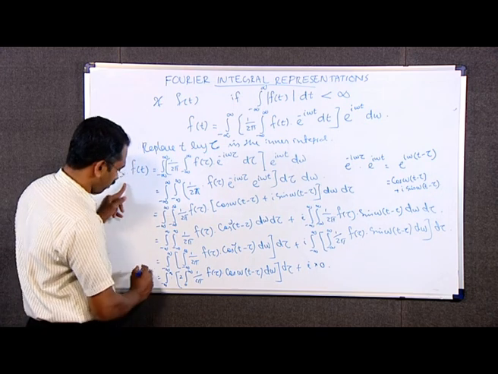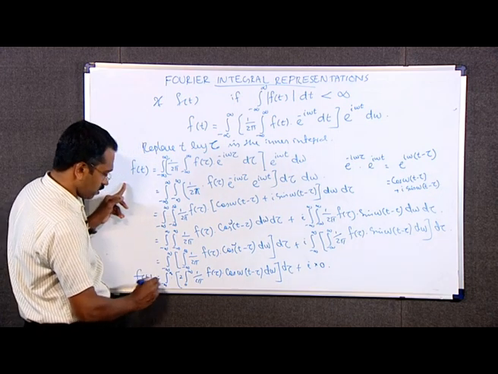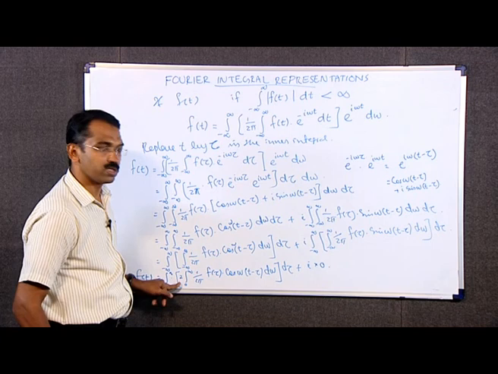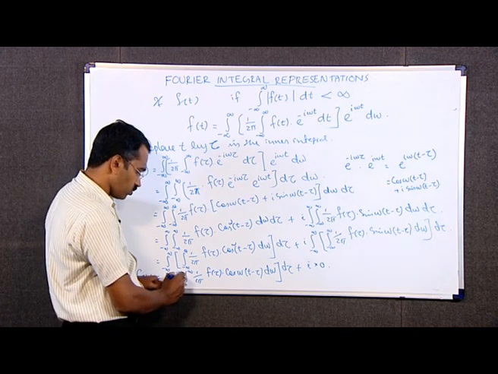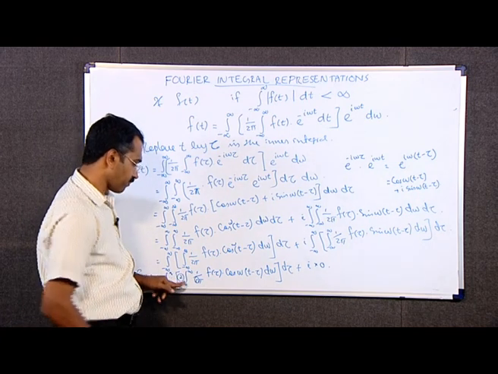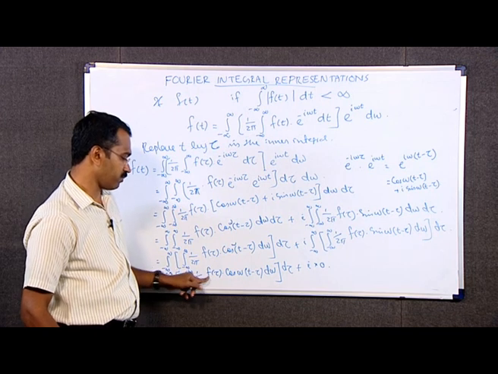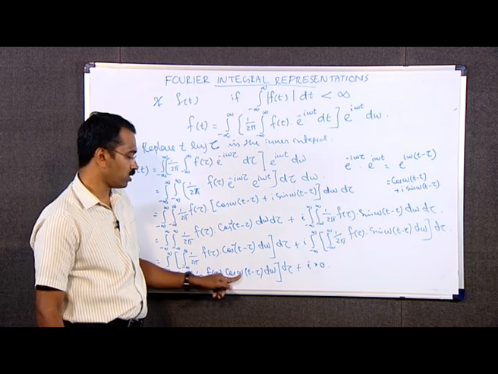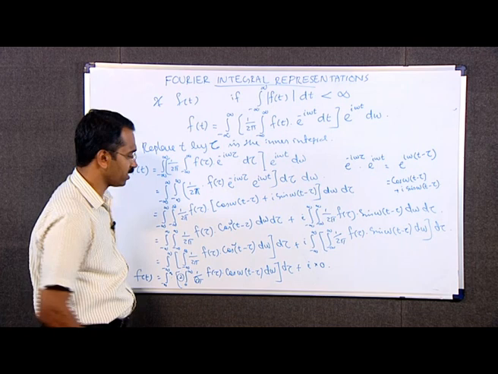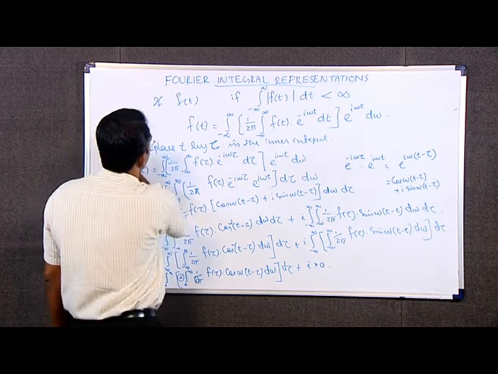That is, f of t is equal to the integral from minus infinity to infinity. Here the 2 and 2 will cancel. Integral from 0 to infinity 1 by pi f of tau into cos omega (t minus tau) d omega d tau.